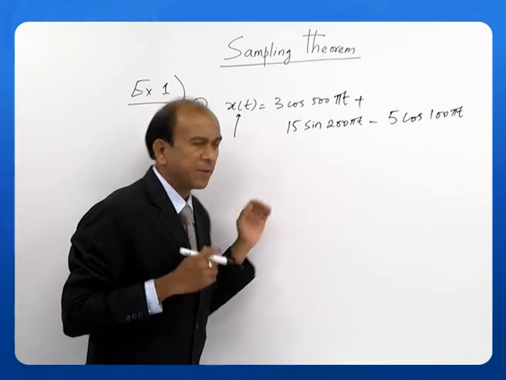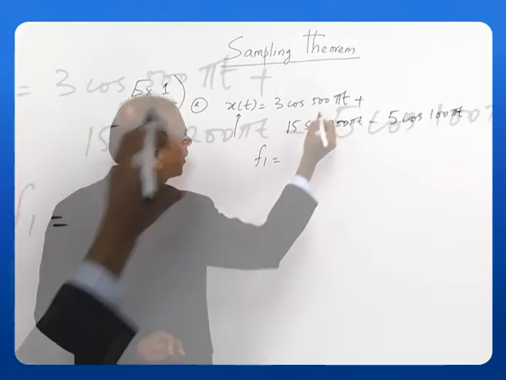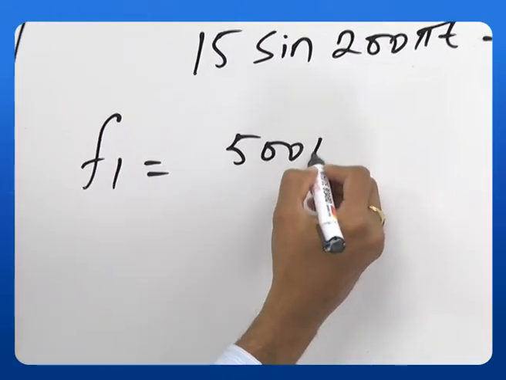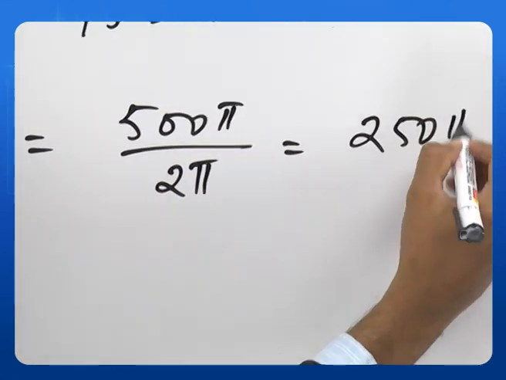First, f1 is equal to 500 pi by 2 pi, so this is equal to 250 hertz.